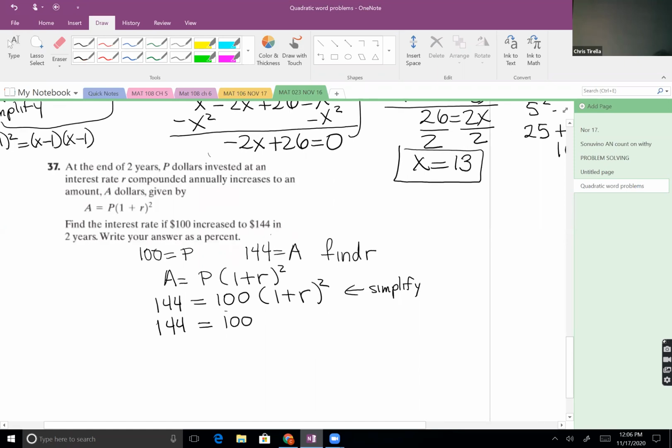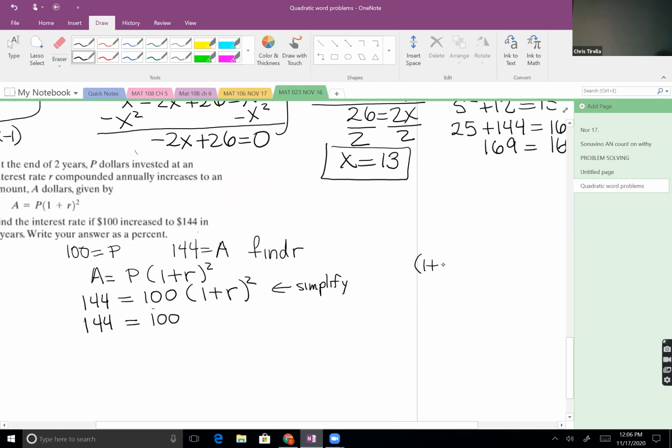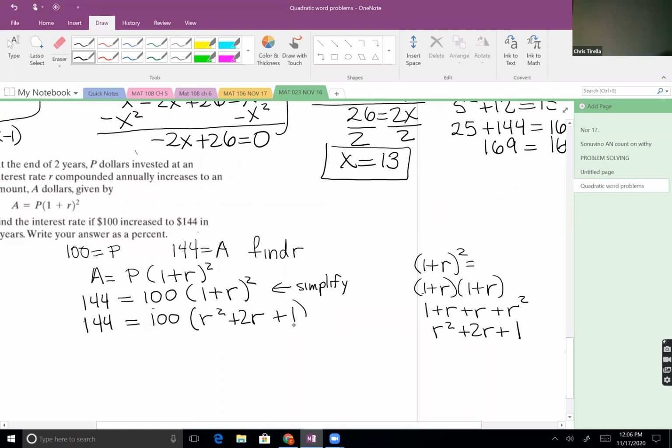And so, scrap paper. If I take 1 plus R and square it, that's (1 plus R) times (1 plus R). It gives me 1 plus R plus R plus R squared, or in order, R squared plus 2R plus 1. That gives me 100 times (R squared plus 2R plus 1).